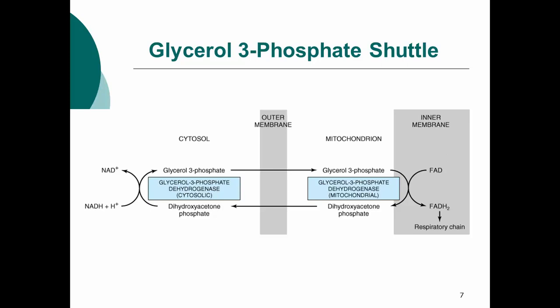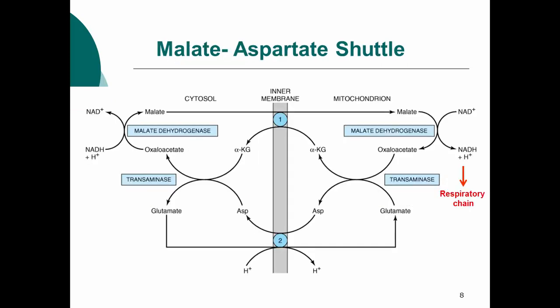So that's why if cells only have a glycerol 3-phosphate shuttle, they only get FADH2 from the NADH produced in glycolysis, right? And if some types of cells mainly have the aspartate shuttle, the mechanism is similar but with different molecules.